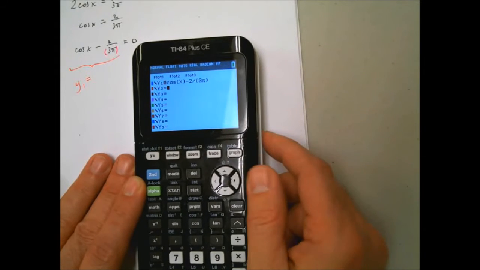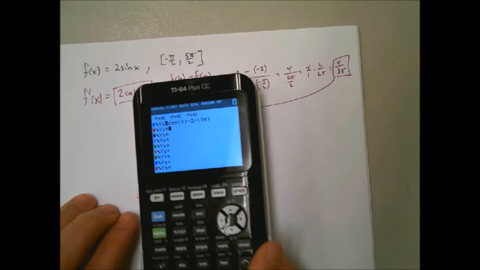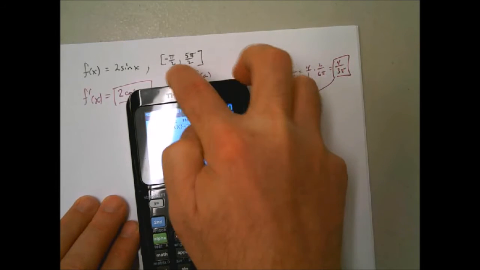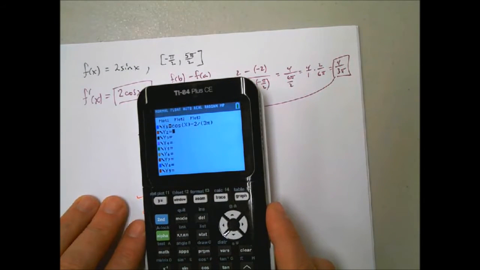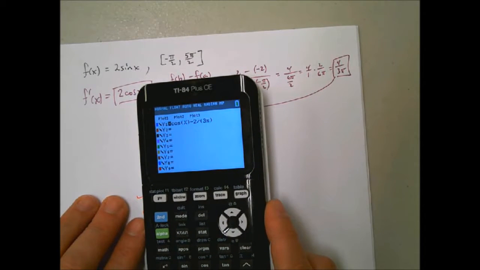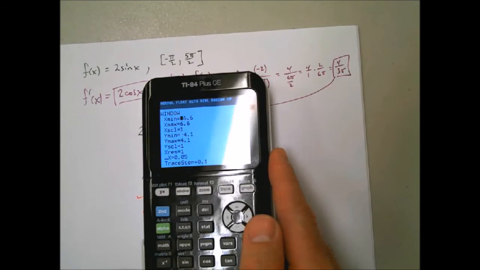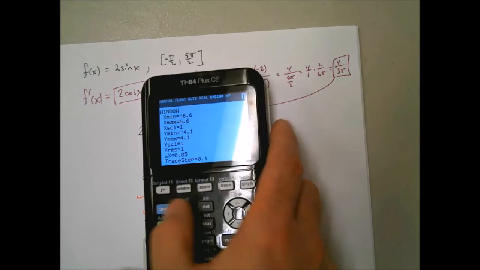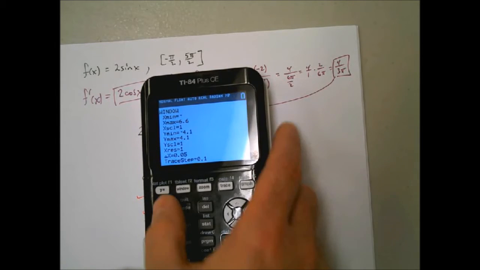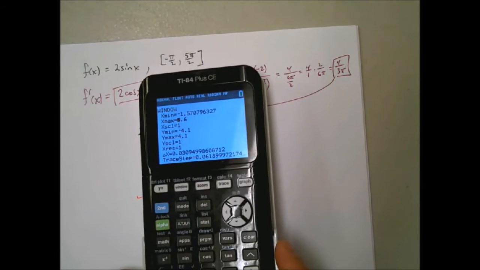Okay, now the other thing here too, remember that when we're doing the mean value theorem, you're only looking for c that's in the open interval here from negative pi over 2 to 5 pi over 2. And there might be some outside of that. We don't want to get distracted by it. So window, I'm going to do my x minimum as negative pi over 2, so negative pi divided by 2, and press enter, and it'll convert it to a decimal.